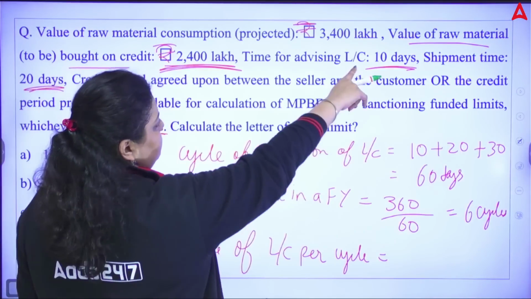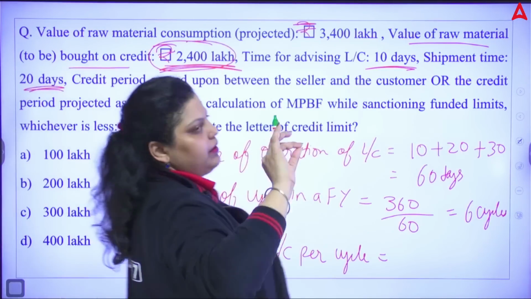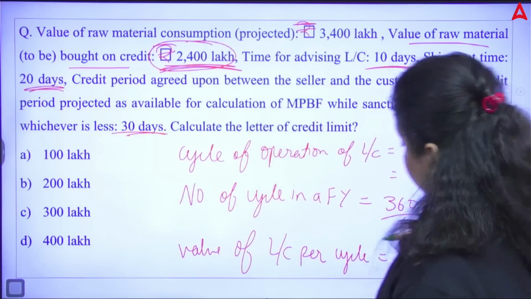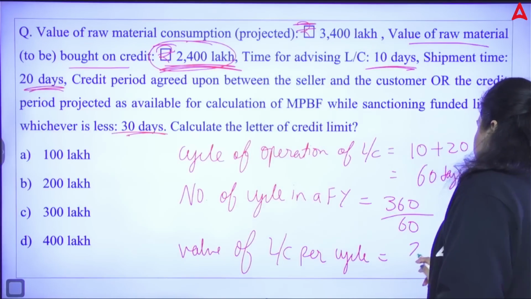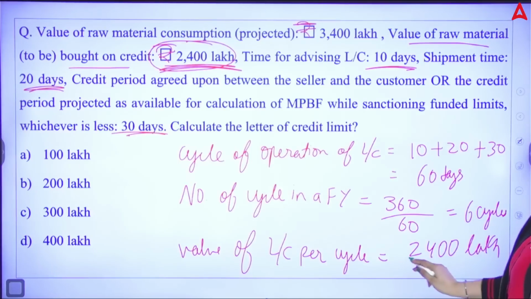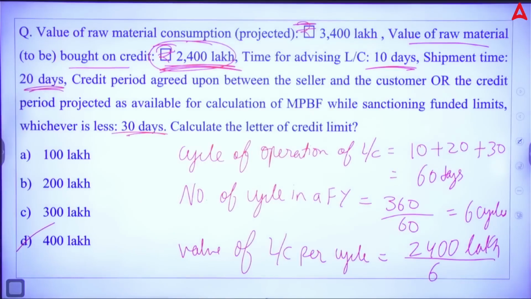The value of raw material bought on credit is 2400 lakhs, which you have to purchase from the market. That's 2400 lakhs you have spent on the purchase of your raw material, and there are 6 cycles. So in each cycle, how much is required? 6 fours are 24, so it is 400 lakhs.